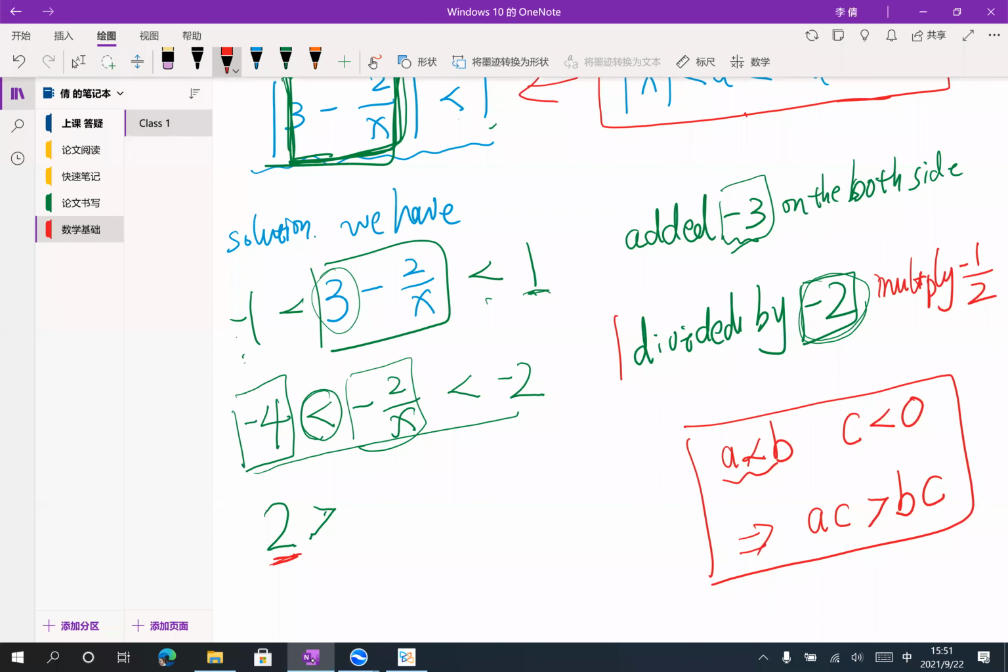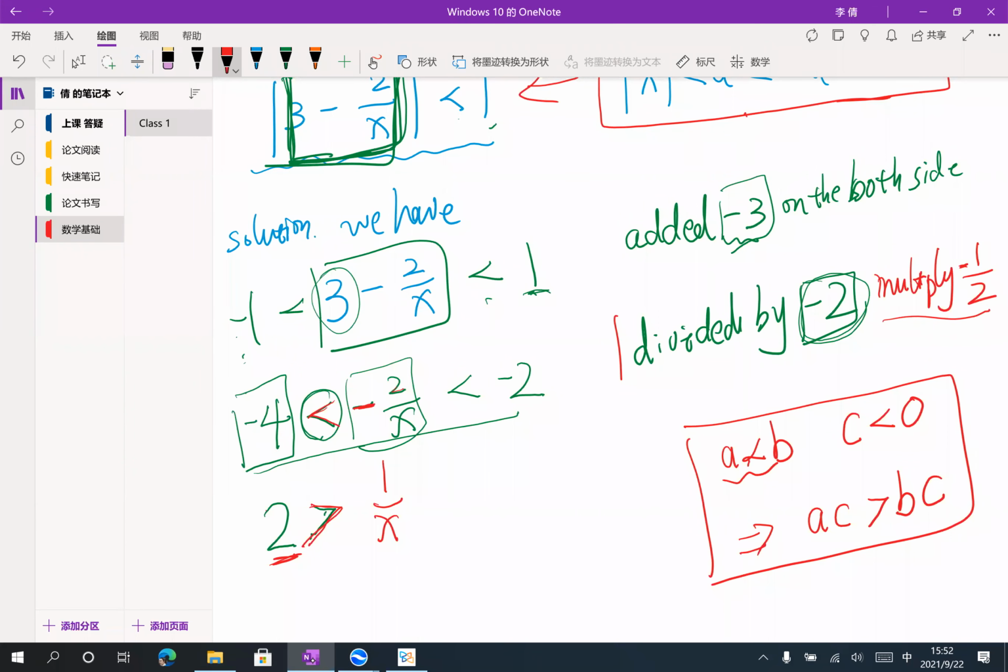For this inequality, this is smaller than, and this will be larger than. It will reverse the inequality. A negative times a negative gives a positive, and 2 over x multiplied by minus 1 over 2 will get 1 over x, right?